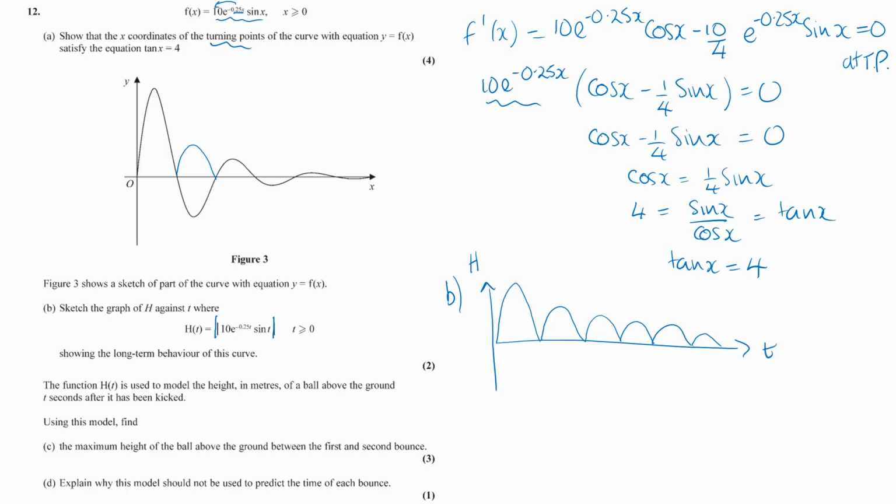So sketch the graph. The function h(t) models the height in meters above the ground. Using this model, find the maximum height of the ball above the ground between the first and the second bounce. Well, here's the first bounce, the second bounce is here.